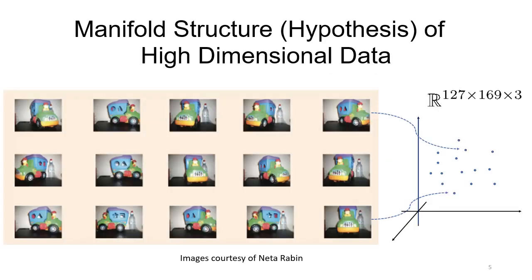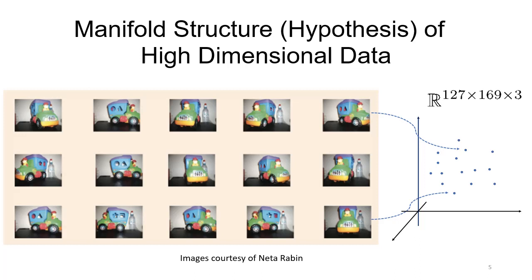We have discussed what spectral information and the heat kernel are. So let's now move on to high dimensional data. What is high dimensional data? Let me give you an example. Here I have 15 images, and each image is of size 127 pixels by 169 pixels.